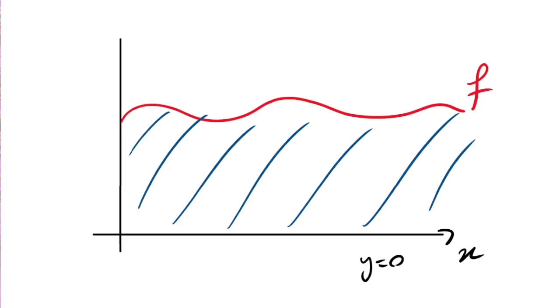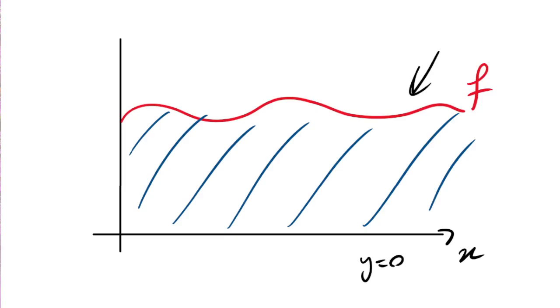Note that it's actually the difference between this function's area and this line's area, and the x-axis doesn't actually have an area. It's just 0. It's a straight line and there's no gap between it.